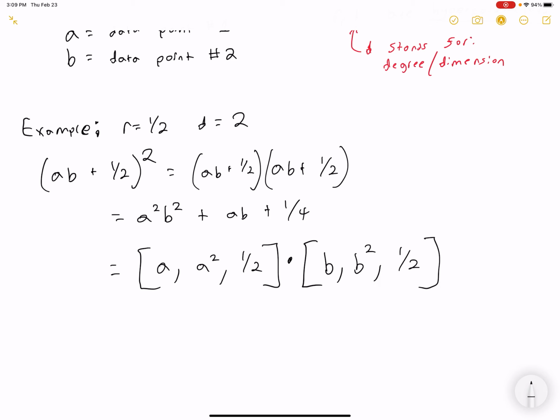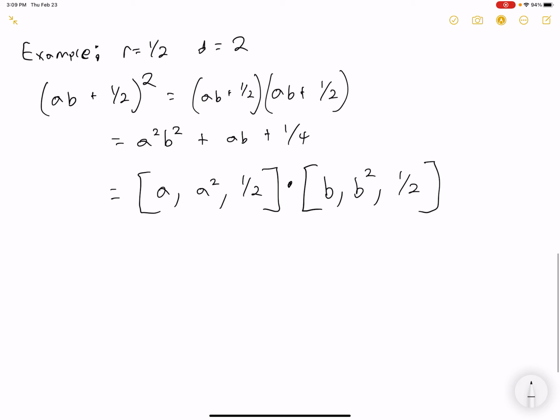So basically we're saying that if we had converted A into a higher dimensional space with A as one axis, A squared as the second axis, and 1/2 as a third axis, and same thing for B, and we take the dot product in that higher dimensional space, we get the same value as the kernel.